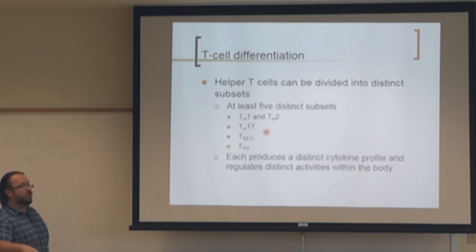Th17s seem to be more long-lived, and they will respond over the long term, but then they also are involved in possibly inducing chronic inflammation. They don't get shut off. They don't have as short-lived a lifespan, so they're more involved in autoimmune disease.